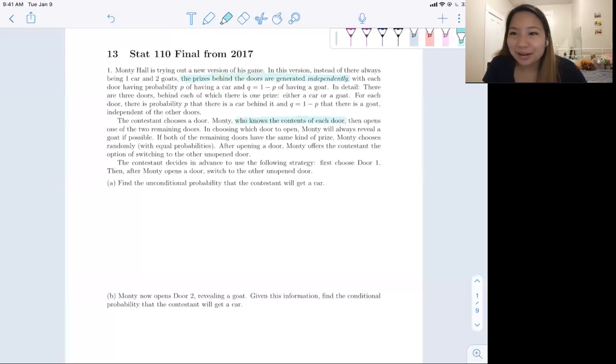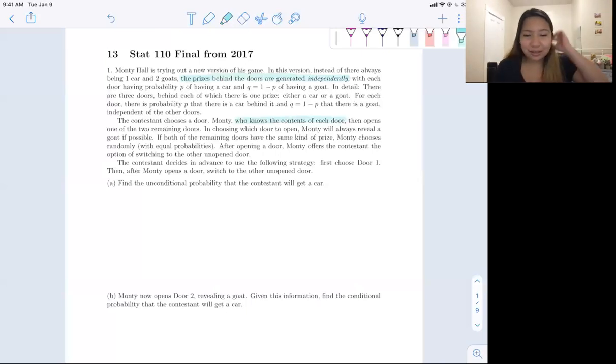So if there's a car and a car, he'll just choose one of the car doors to open. If there's a goat and a goat, he'll choose one of the goat doors to open. After opening a door, Monty offers the contestant the option of switching to the other unopened door, which is the same as in the usual case. The contestant decides in advance to use the following strategy: first, choose door 1, then after Monty opens a door, switch to the other unopened door.